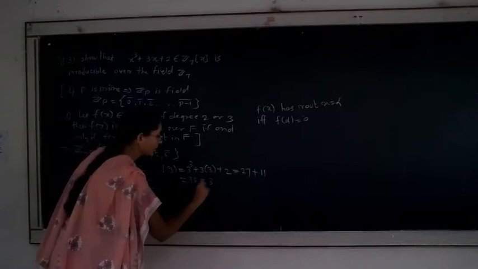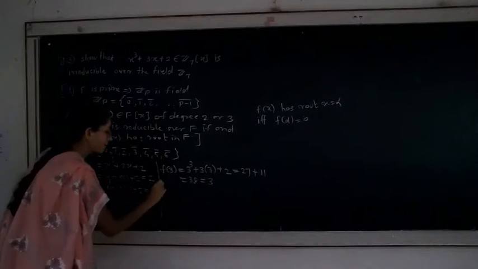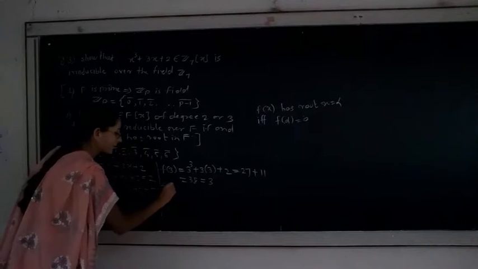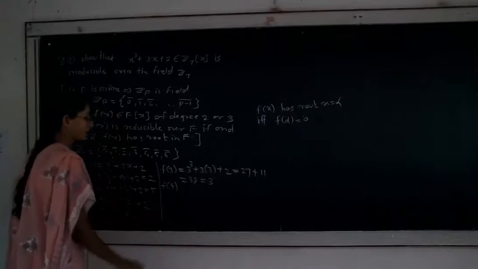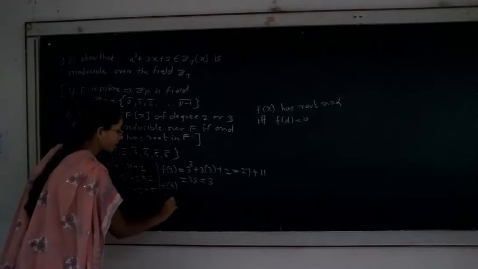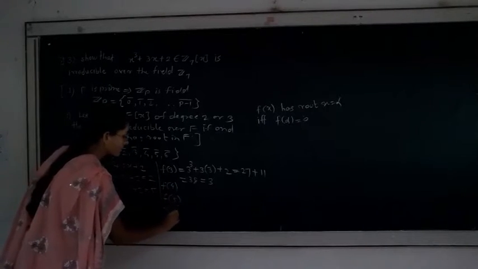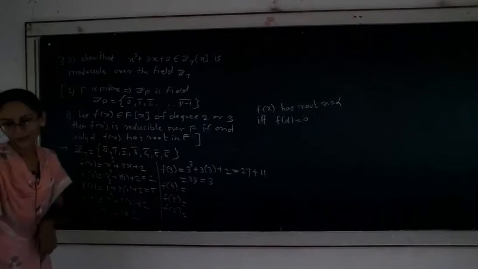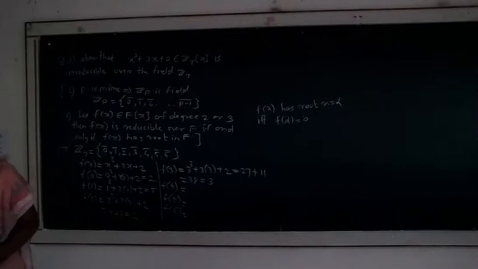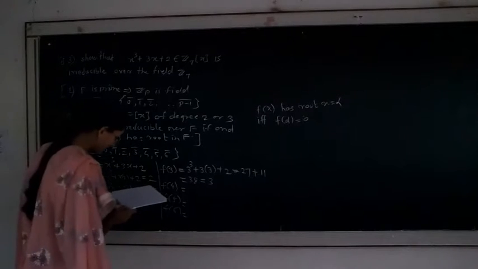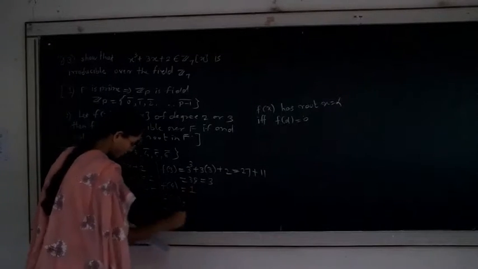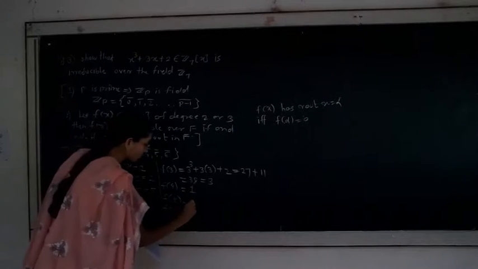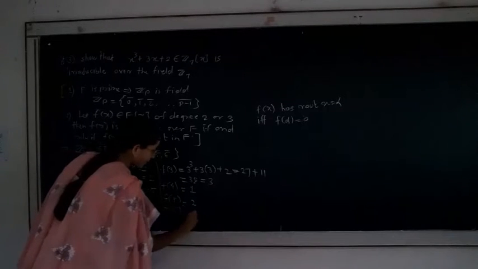This is congruent to 3 modulo 7. This is not 0 again. Then f of 4, f of 5 and f of 6: f of 4 is 1 modulo 7, f of 5 is 2, f of 6 is 5.